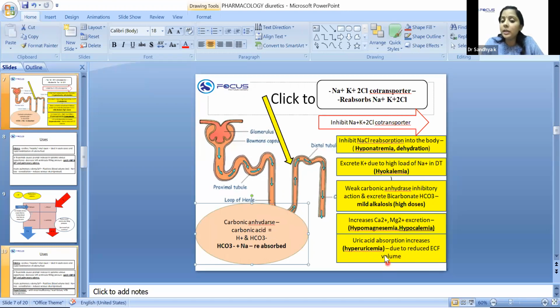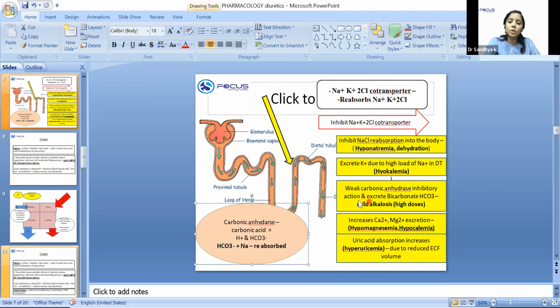Because of the reduced volume, the body will reabsorb a certain amount of uric acid back into the body, which will result in hyperuricemia. So only the level of uric acid is increased. Everything else is reduced: hyponatremia, hypokalemia, hypomagnesemia, hypocalcemia, but the uric acid level is increased.